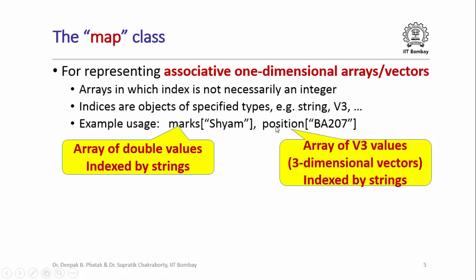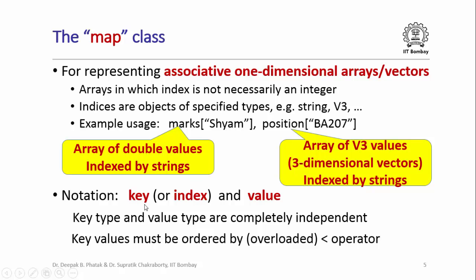So this is really an array of values of the type v3, where v3 is the class that we have studied earlier, and the index of this array could be a string giving the number of a flight. So this could represent the position of a flight as a three-dimensional vector indexed by the flight number.